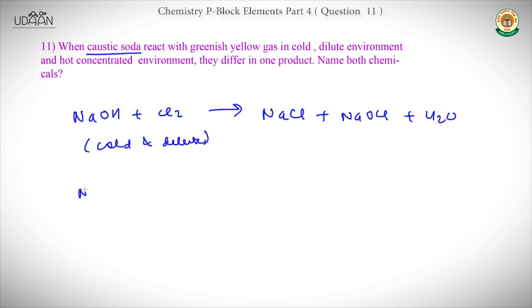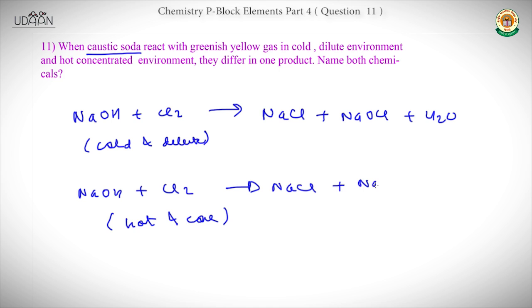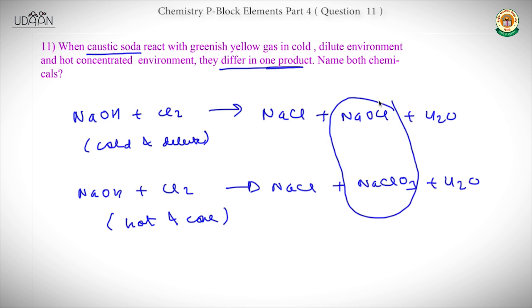And when again NaOH, means caustic soda, and chlorine react in the hot and concentrated environment, okay, then we will get NaCl, NaClO3 and H2O. So they differ in one product. Which is that one product? This one is NaOCl and NaClO3. And the other two products are exactly the same.